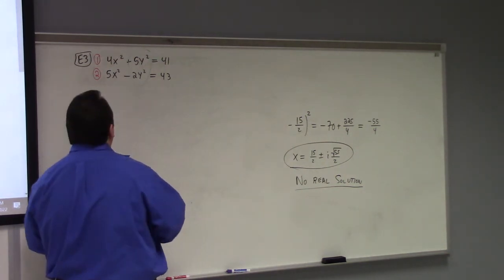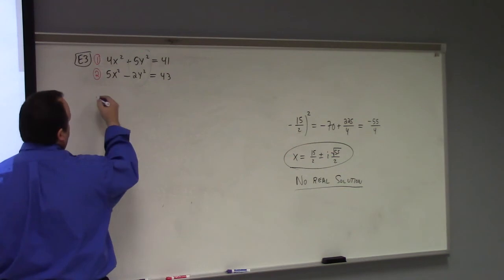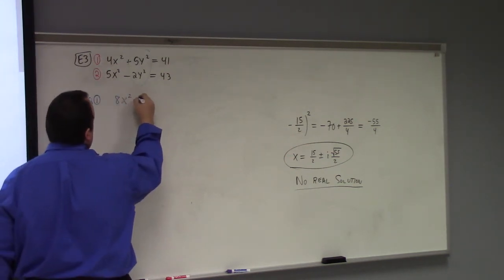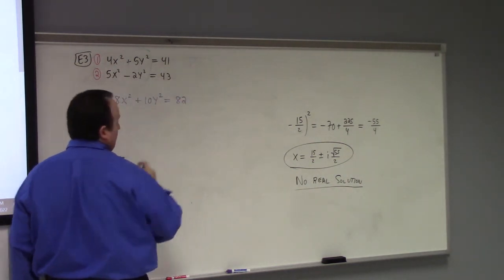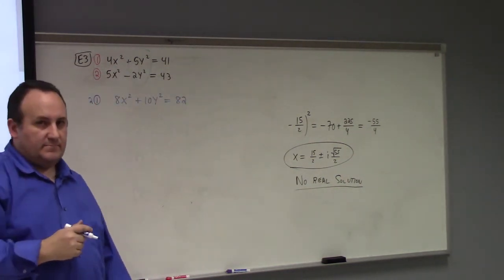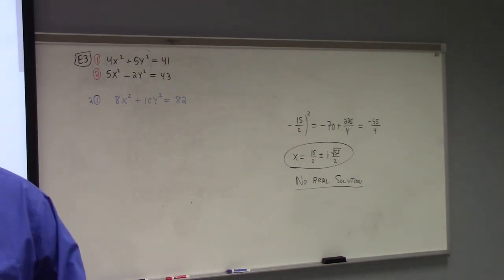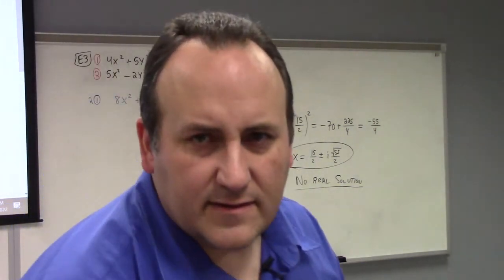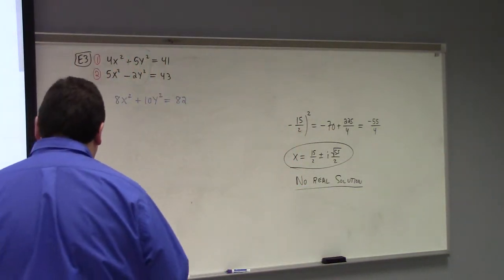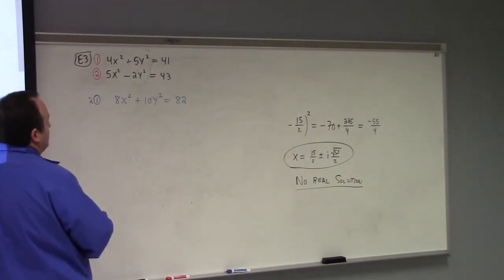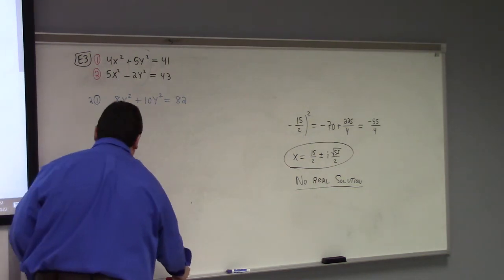How about this? I do 2 times equation 1, which gives me 8x squared plus 10y squared equals 82, right? And then what? Yeah, 5 times equation 2.